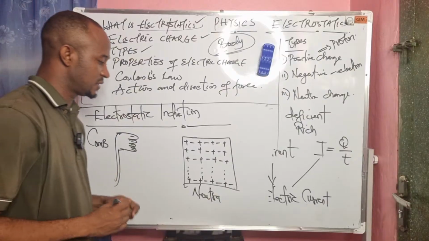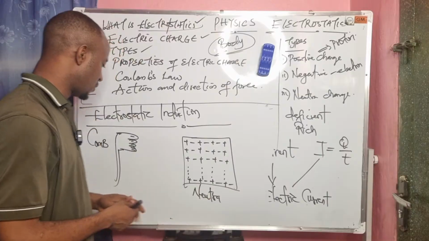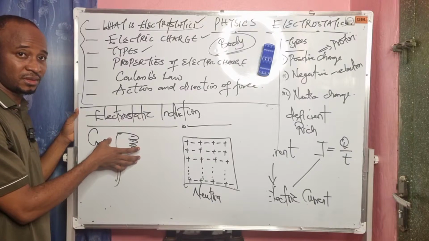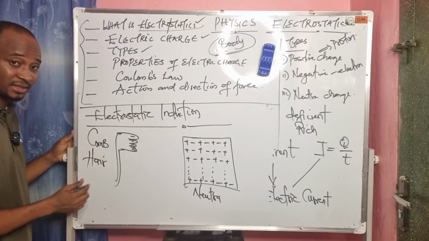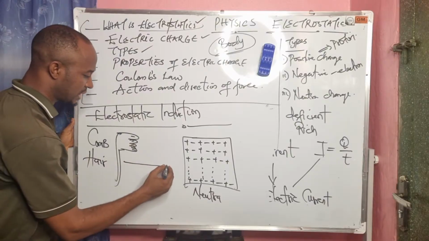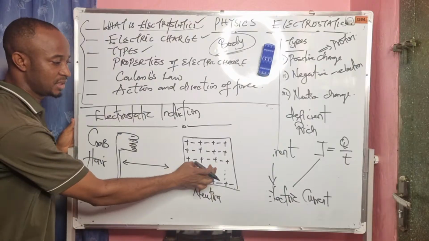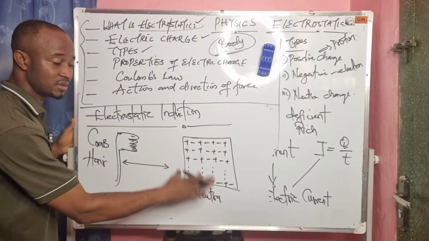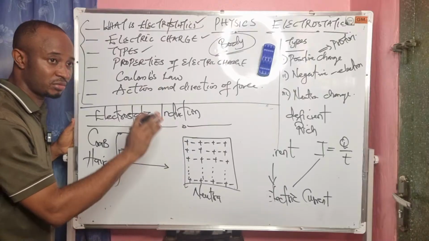The number of electrons and protons in a piece of paper is actually the same. So when this comb has been given electrons by rubbing it with hair, the comb acquires electrons. Now, when you bring the comb closer to the piece of paper, don't forget that the electrons and the protons in this piece of paper are the same, meaning the piece of paper is what? Is neutral. Practically neutral, meaning the number of electrons and protons are the same.